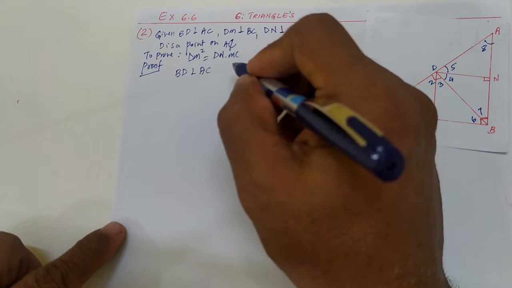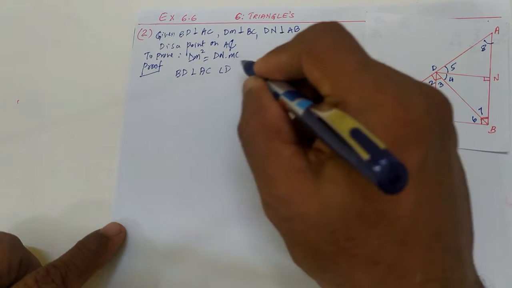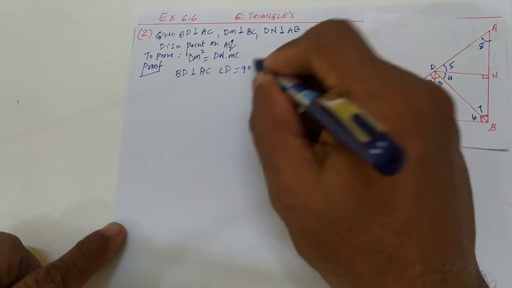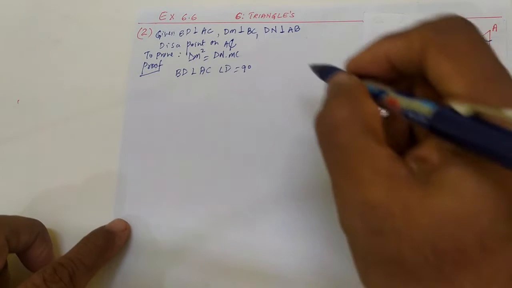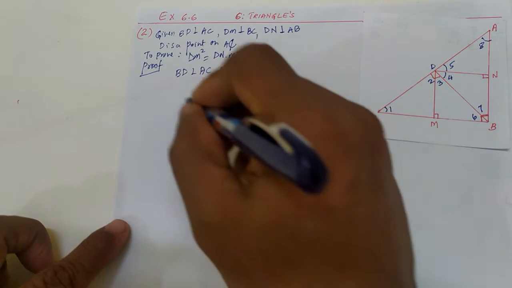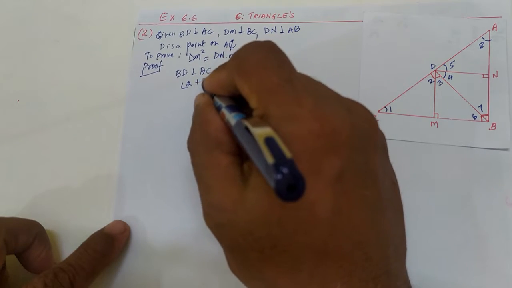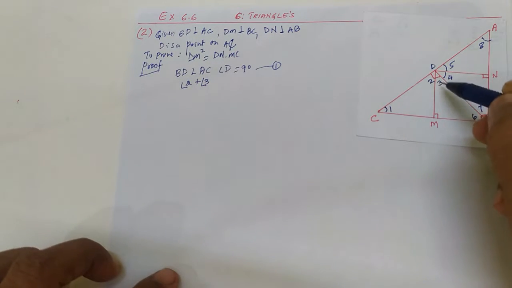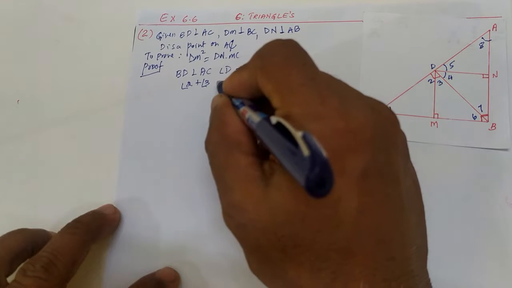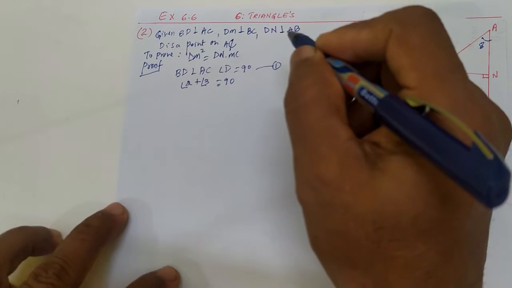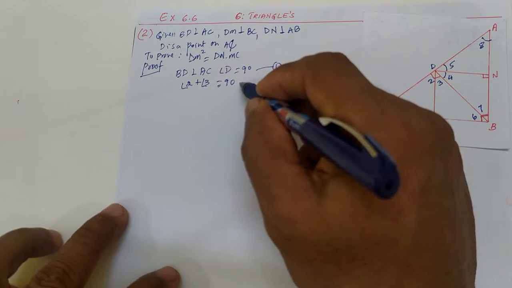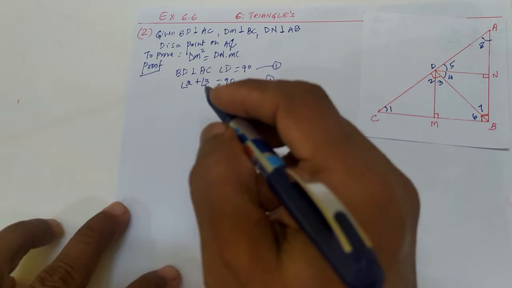Therefore, angle D is 90 degrees. So, we will take this as the first statement, that is, angle 2 plus angle 3 is 90 degrees.